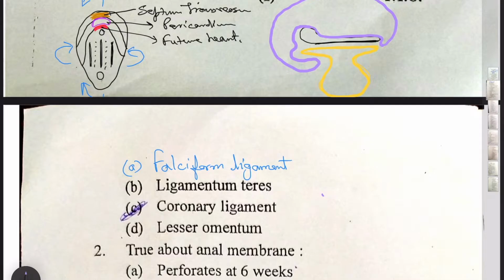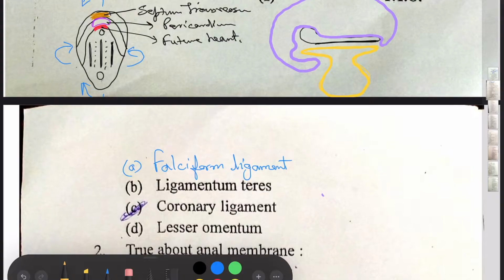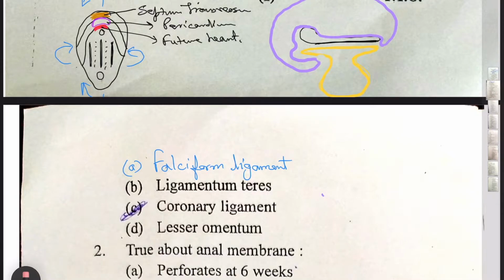Okay. So now look, what happens is that the cranial most portion I was telling, this septum transversum, because of this folding of this disc, the cranial fold, comes to settle down here.